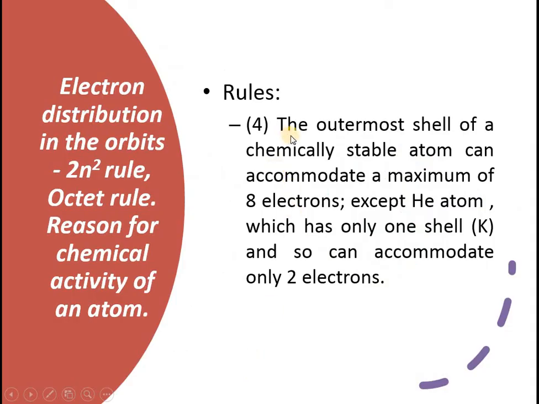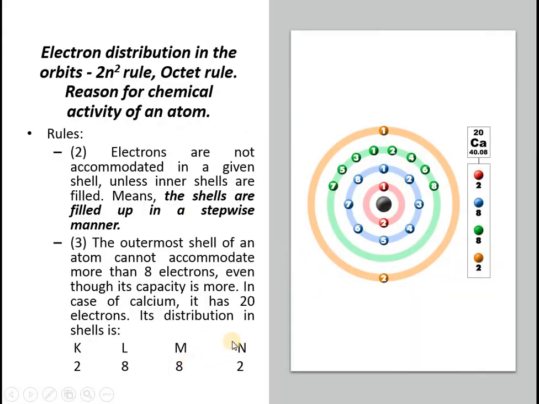Then fourth rule, the outermost shell of a chemically stable atom can accommodate a maximum of 8 electrons. Now, in case of calcium, when it becomes calcium plus 2, that means when these 2 electrons are given to some other atom, as we will see in case of bonding, this becomes stable.